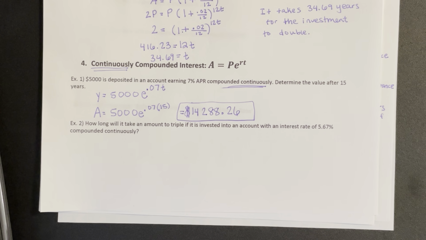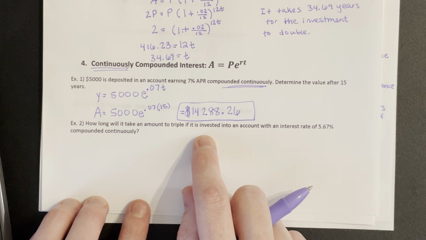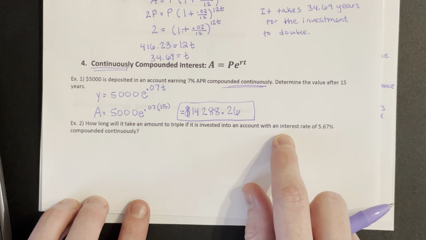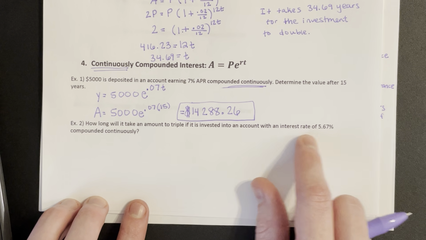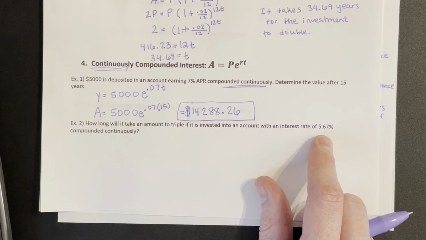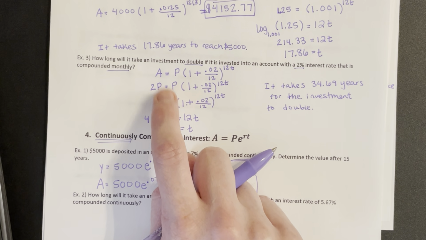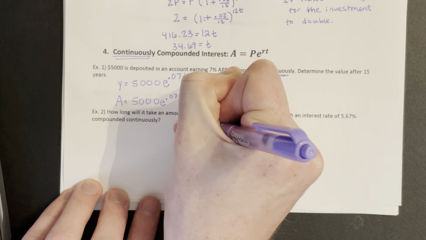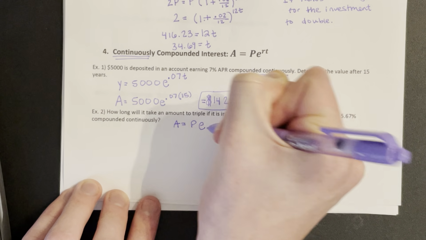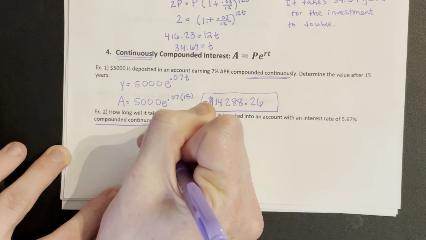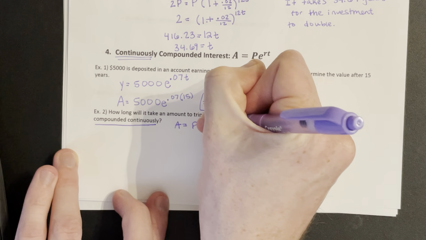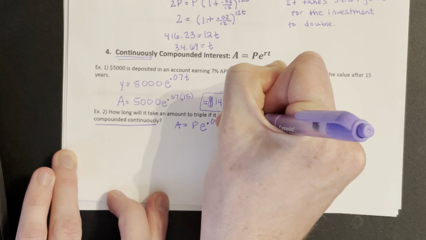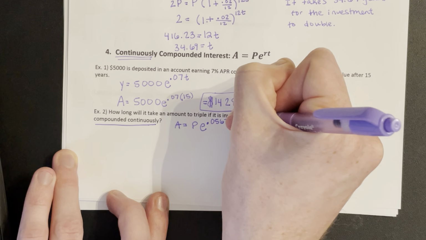In example 2, how long is it going to take for an amount to triple if it is invested into an account with an interest rate of 5.67%. So it doesn't actually tell us the amount that we initially invested, but that's okay because we can do it just like we started out the other example. So A equals P e, because it's compounded continuously, to the 0.0567t.